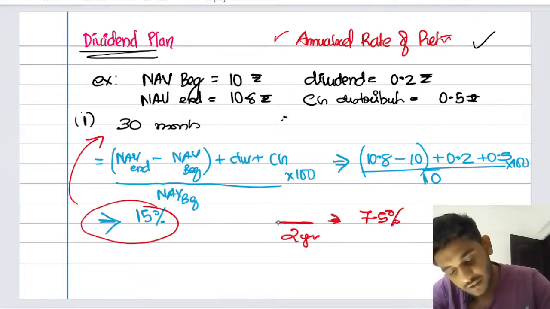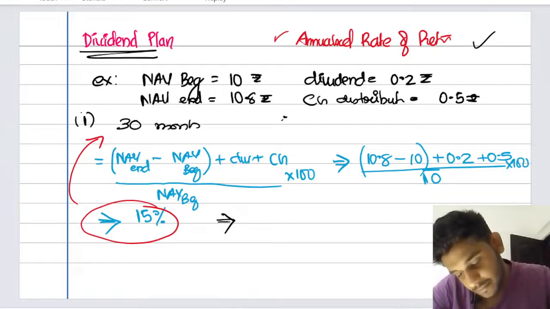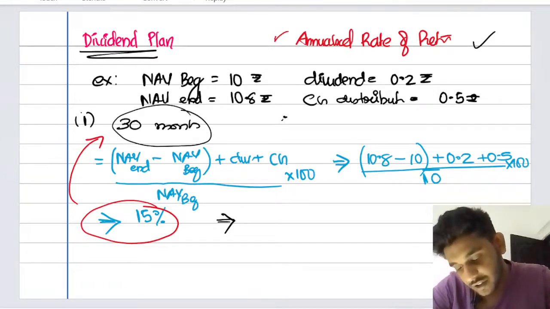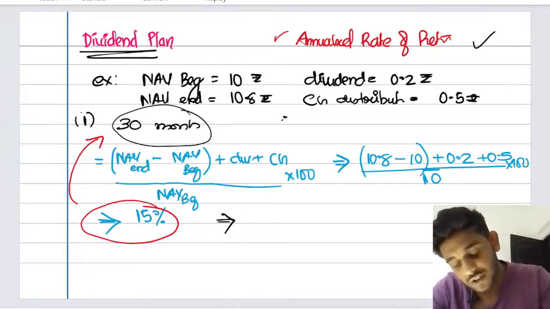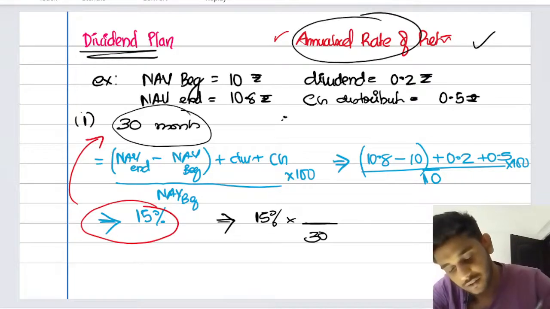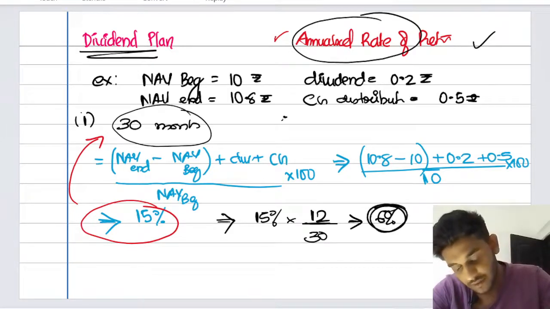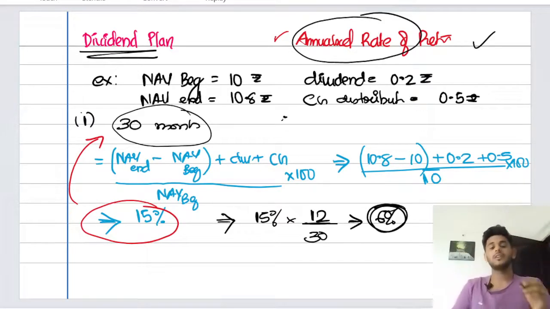Until this point the calculation will remain the same. Now our responsibility is to adjust this 15% for 30 months. So this 15% is for 30 months. Then to find the annualized rate of return, we have to find for 12 months. So it will be 6%.